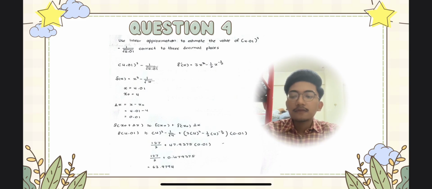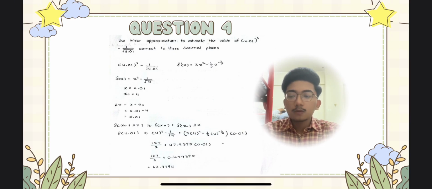The derivative of negative 1 divided by square root of x is positive 1 divided by 2 times x raised to the power of 3 over 2. So the derivative f prime of x is equal to 3x squared plus 1 over 2x^(3/2).